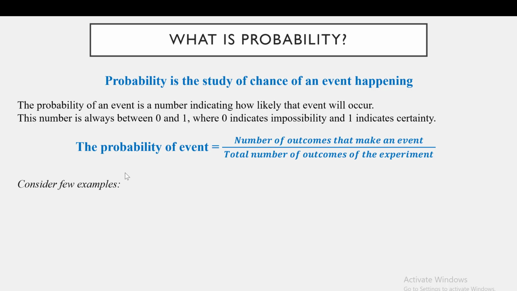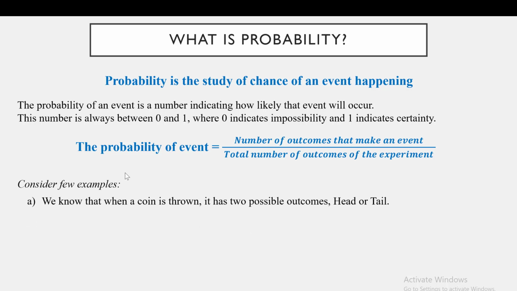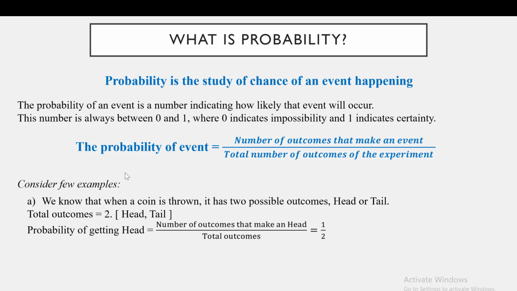Consider a few examples. A. We know that when a coin is thrown, it has two possible outcomes, heads or tails. Total outcomes equal 2. Probability of getting heads equals the number of outcomes that make a head by total outcomes, equal to 1 by 2.